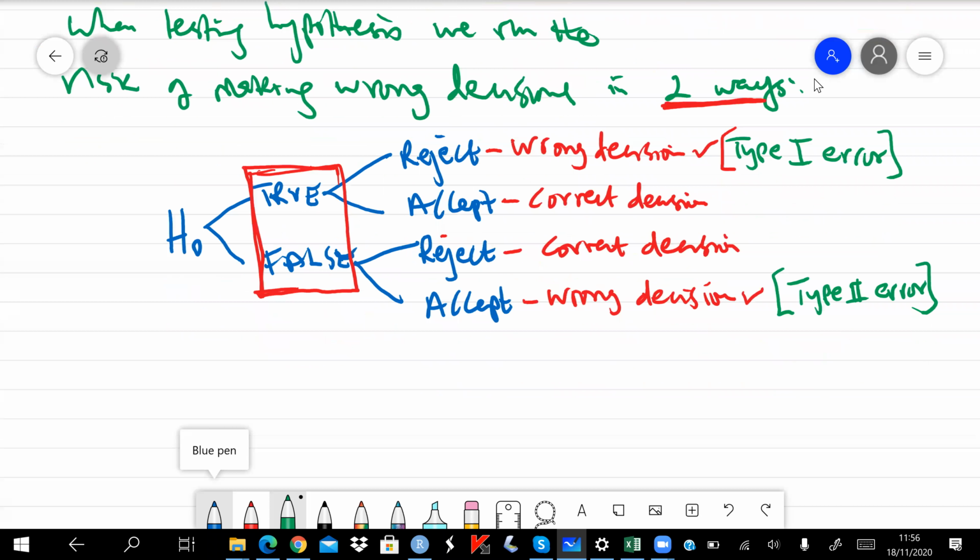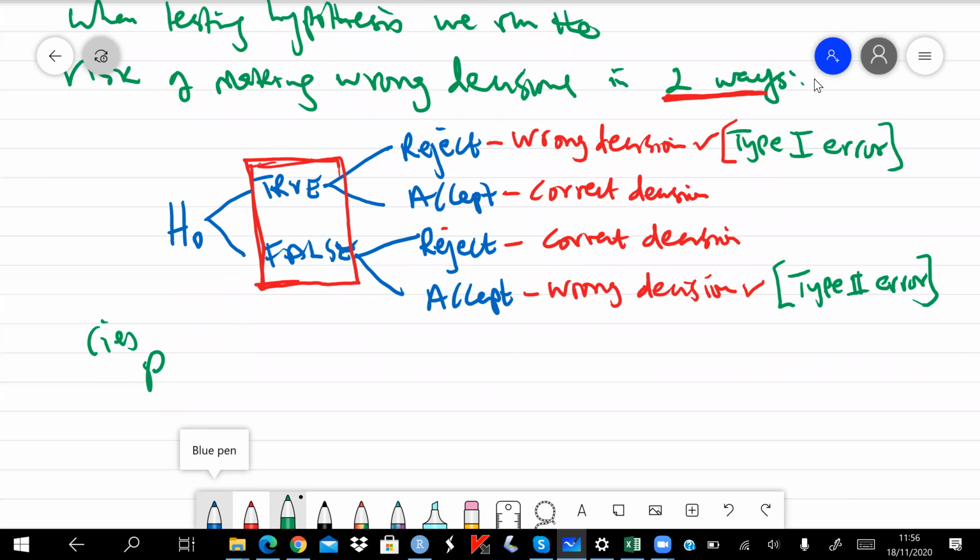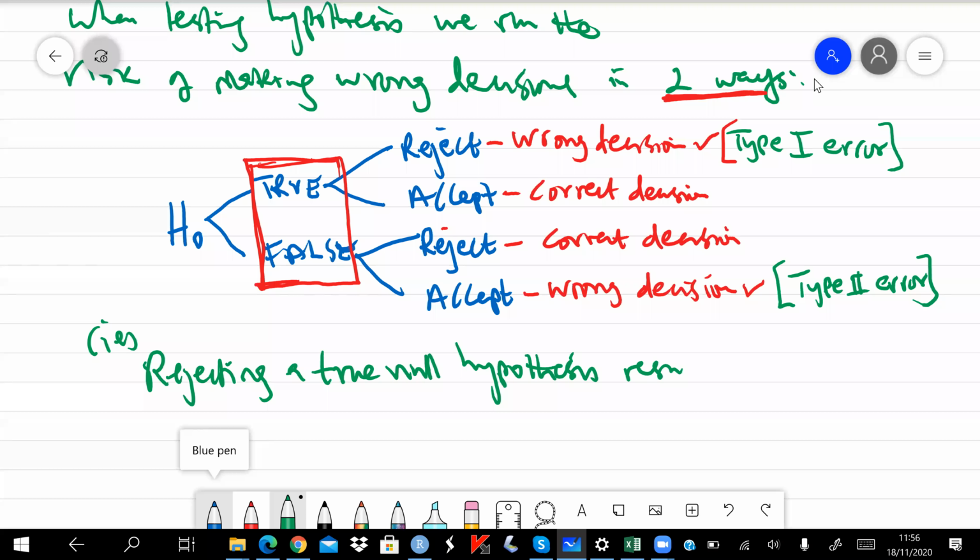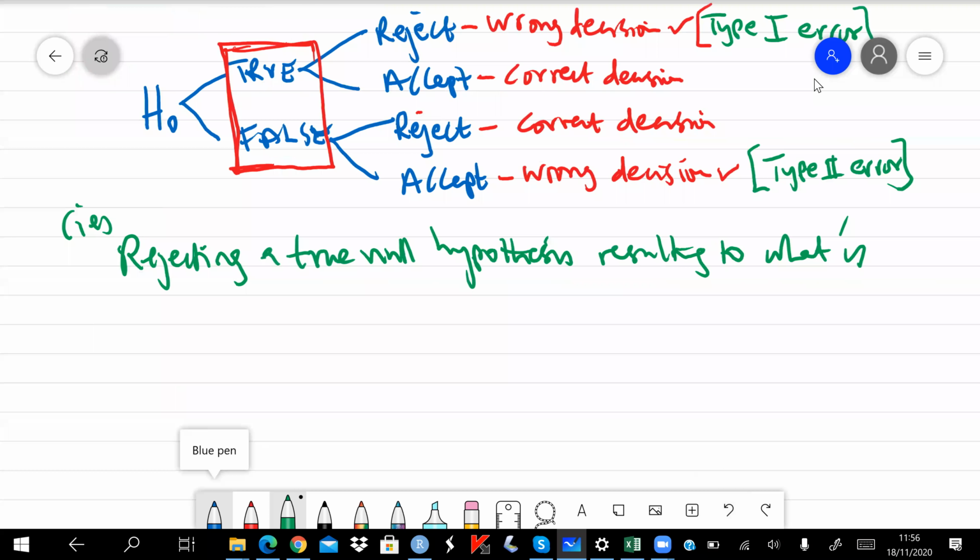That is rejecting a true null hypothesis, resulting to what is called type 1 error.